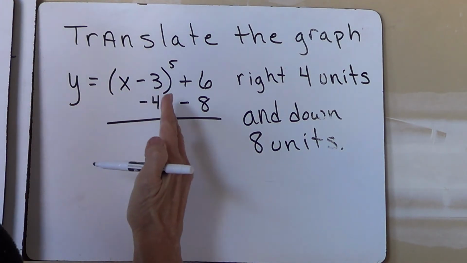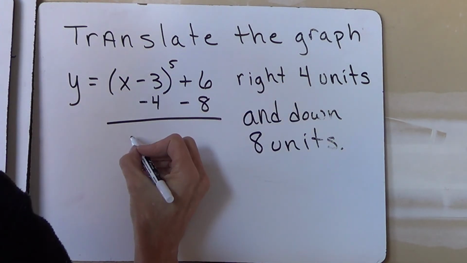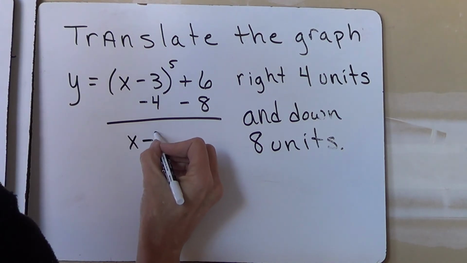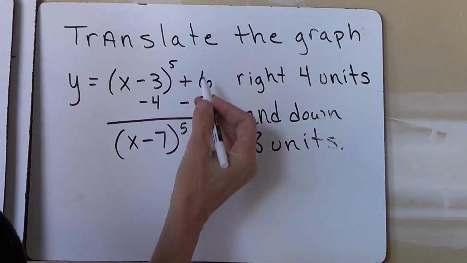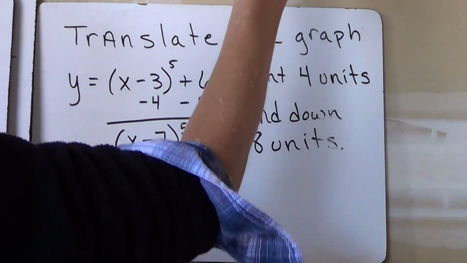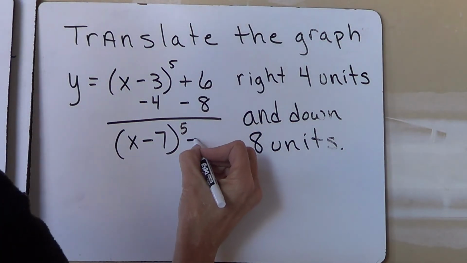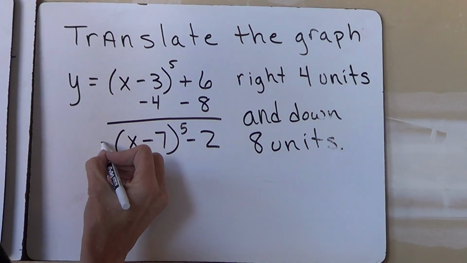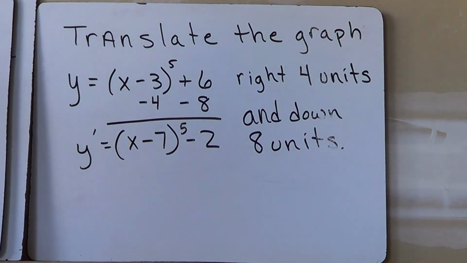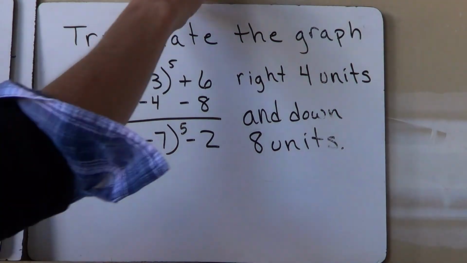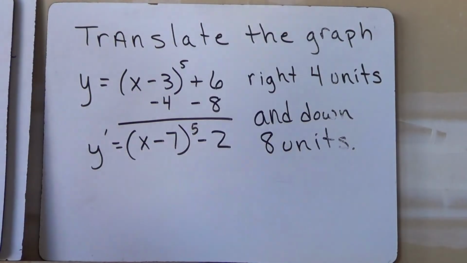So if I'm over 3 to the right, I go 4 more to the right, I'm going to be at 7 to the right, and I'm 6 up, and I'm going to come down 8, so it would be at a negative 2. And now I just put my transformation. Okay? Come to class with questions.